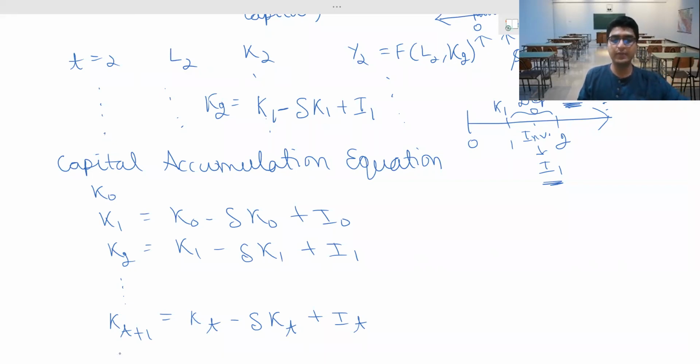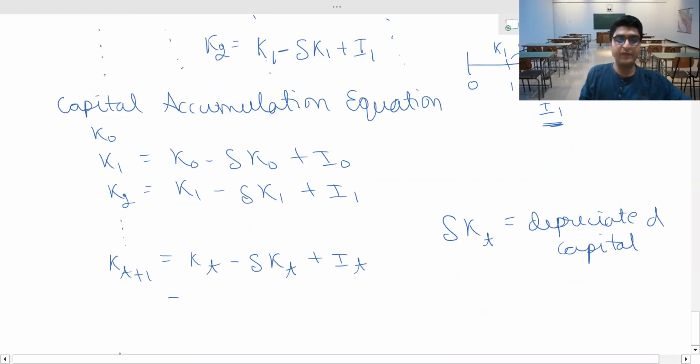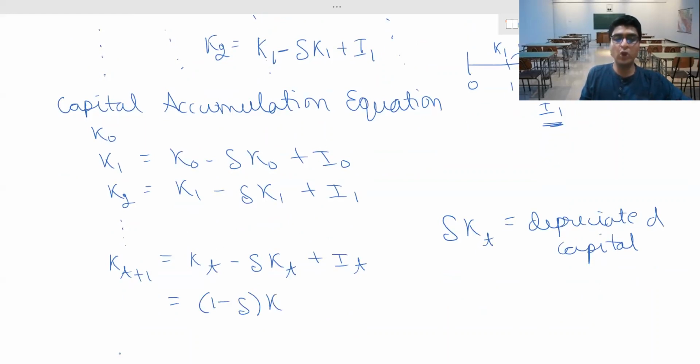All right, so here delta into KT is equal to depreciated capital. If I take KT common here, this gives me 1 minus delta into KT. What is it?